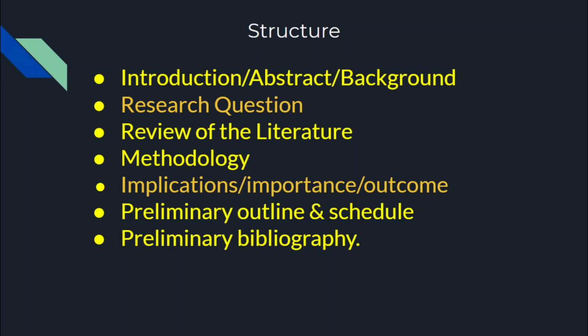When you talk about review of the literature, you're talking about the starting point. How did you get to this topic in this research question? You will say, I read such or such a book or such an article. They inspired me, or I started thinking about it, and then I came up with this question, and I became interested in trying to find out such or such a thing. So this is the review of the literature.